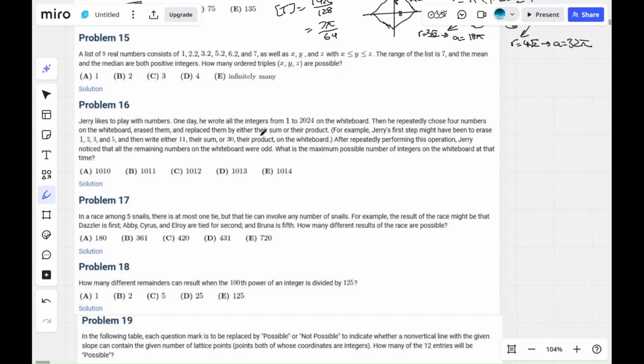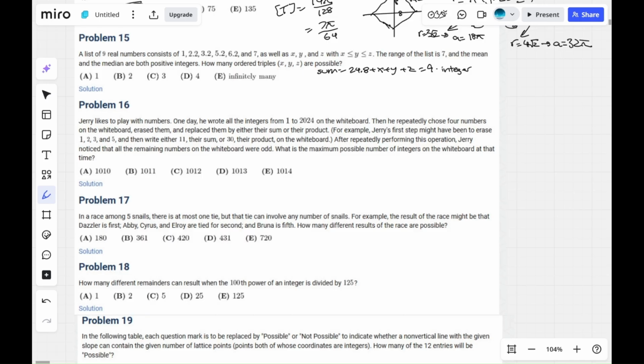So we can first deal with the mean condition. So the sum of the 6 numbers given is 24.8. So we can write that out. The sum is 24.8 plus x plus y plus z, which is 9 times an integer.